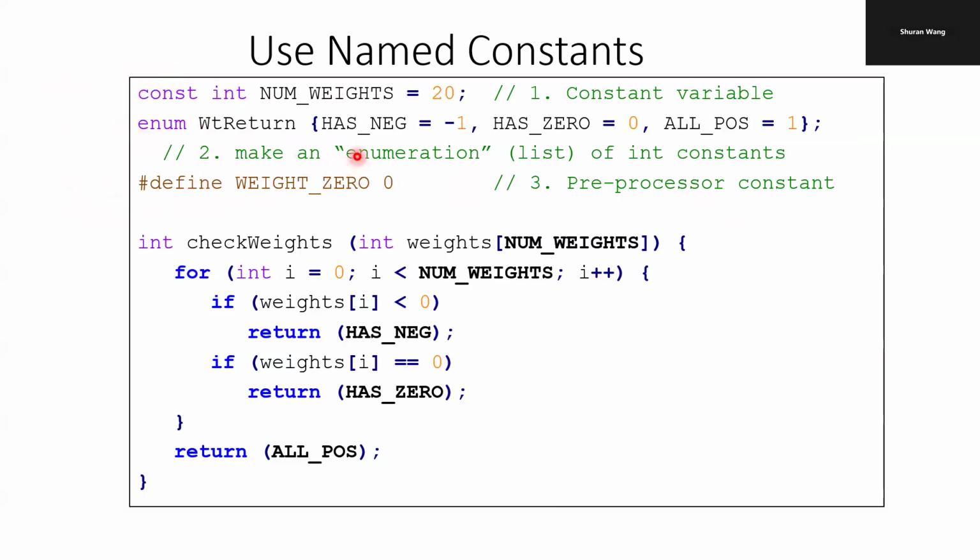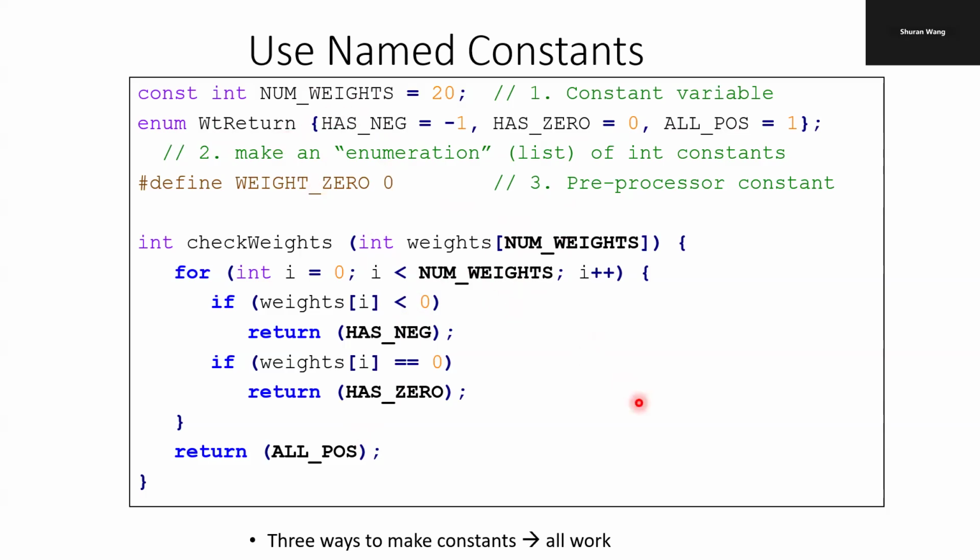We can also use the enum type. We define an enum type weight return that has neg, zero, and all pos, because the return values can be grouped together into one type. And now we can use the constants in the code. The 0 doesn't have to be a constant because it's obviously 0. There are 3 ways to make constants all work.